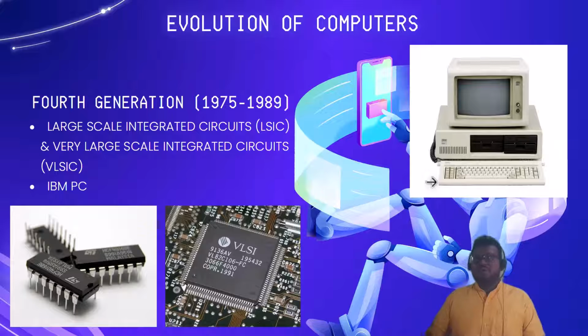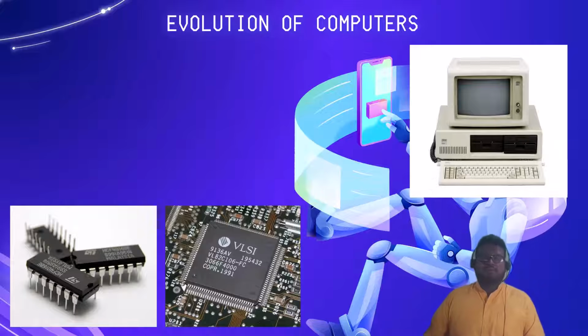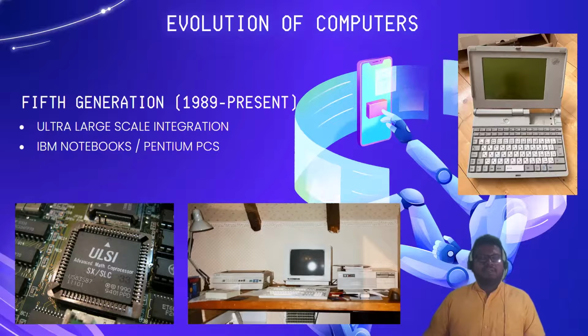And we move to the fifth generation. Fifth generation is from 1989 to present. In this current generation, we use ultra large scale integration. And this is the era we began to use IBM notebooks, Pentium PCs, and so on.